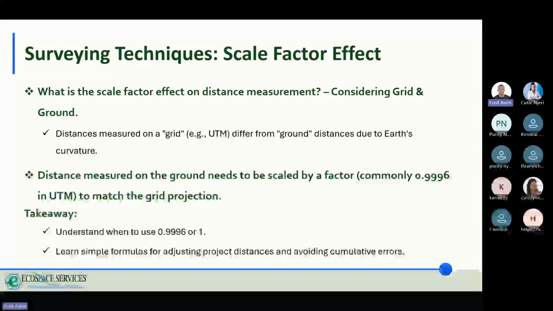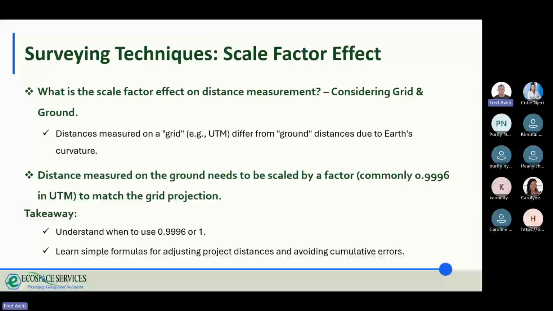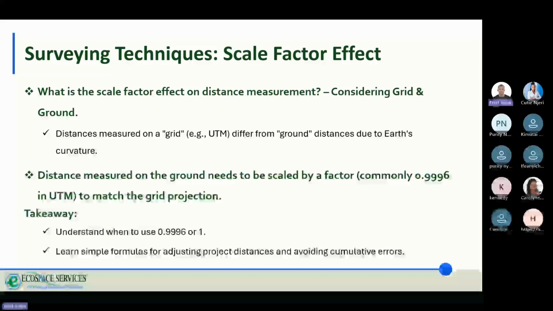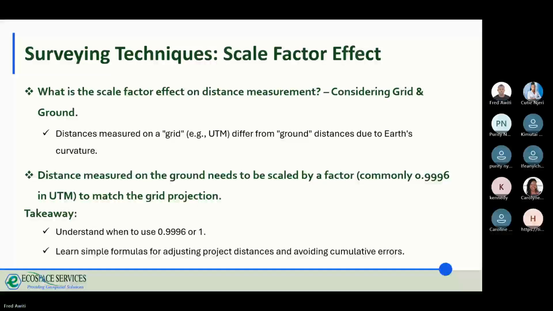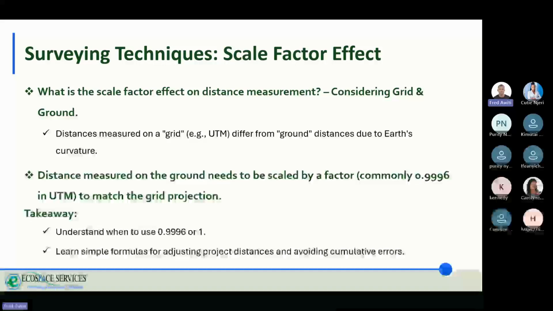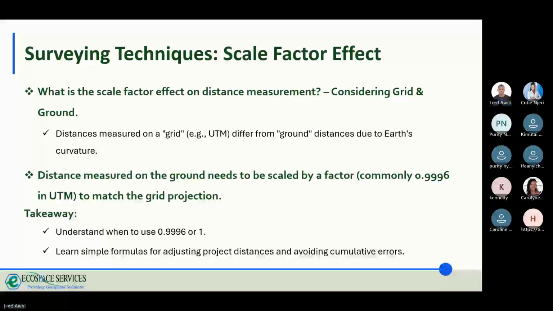An example would be when bridges are being constructed, poles have to be raised and then fixed on a specific spot. So imagine if you did not cater for the 0.9996 and instead you use 1. The alignment is totally going to be off.